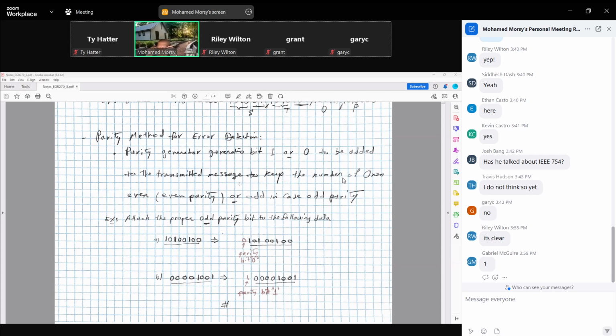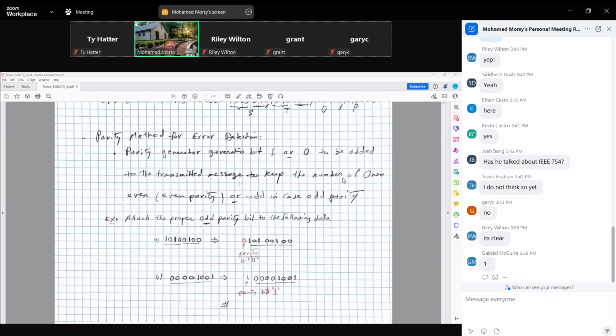It's simply, between the transmitter and the receiver, there is an agreement or protocol. Simplifying to make it clear, we say the protocol between this transmitter and the receiver is odd parity or even parity. What does this mean?